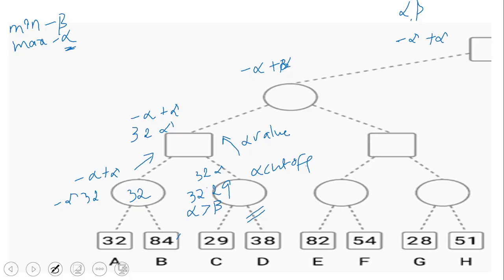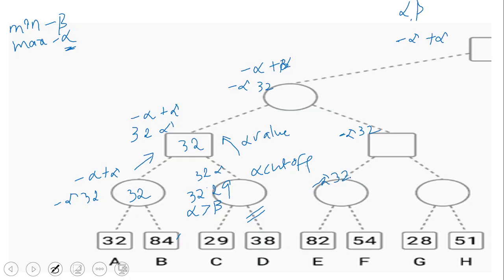The same thing will be moved here, and this is a minimum node, where the beta value will be updated. So minus infinity, and now we got 32: minus infinity and 32.